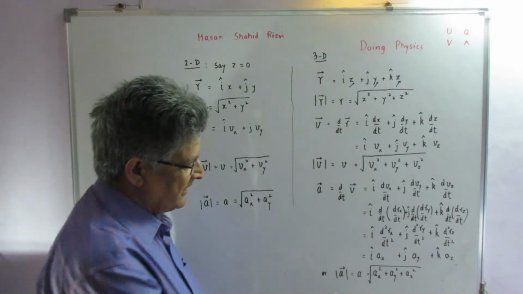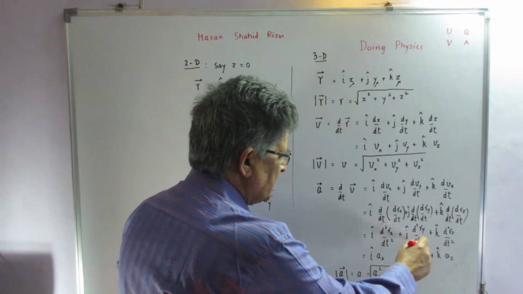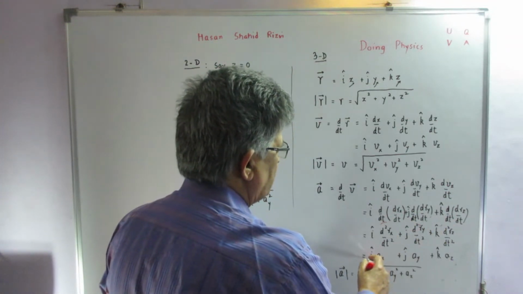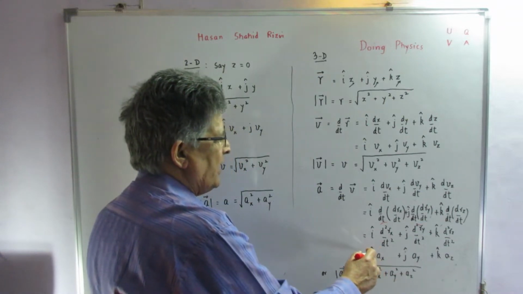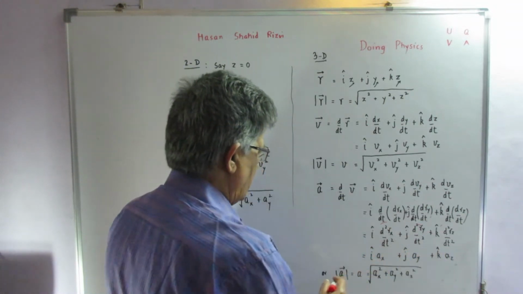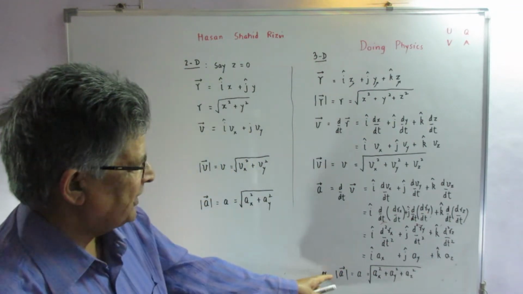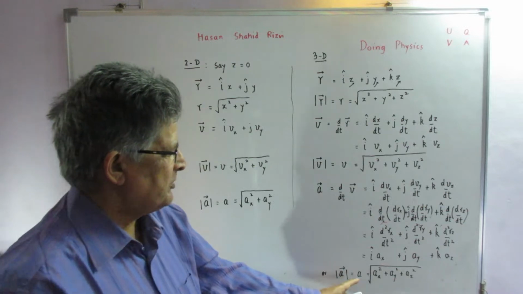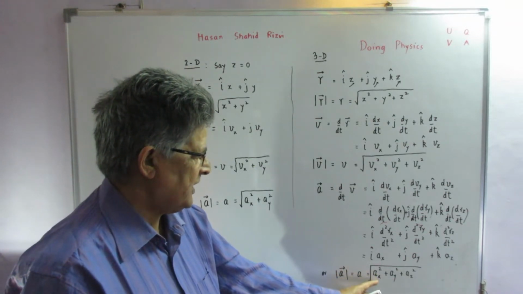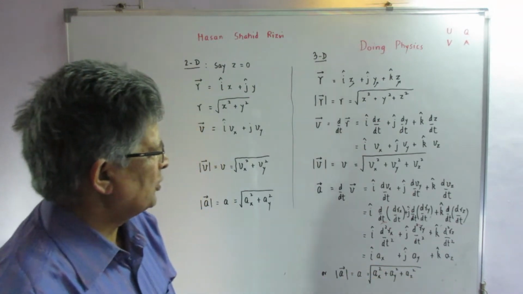This is the x component, this is the y component, this is the z component. So I can write this expression as i cap ax plus j cap ay plus k cap az, so that I have the magnitude of the acceleration a given as ax squared plus ay squared plus az squared under root.